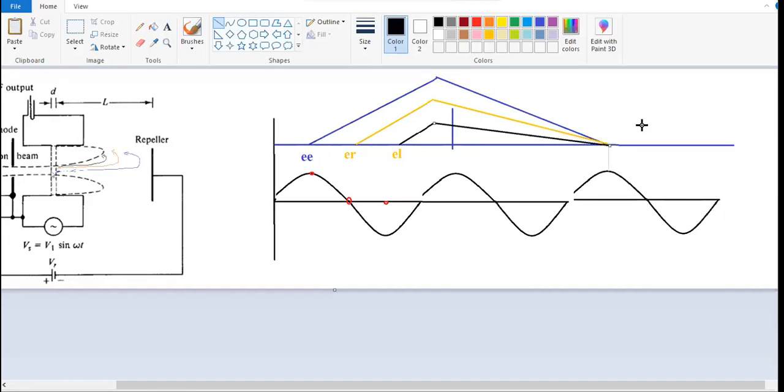So what you can see from here are the early electron, the reference electron, and the late electron. This is my reference signal. If I take this as the reference, because whatever reference line I have, I have taken this line.